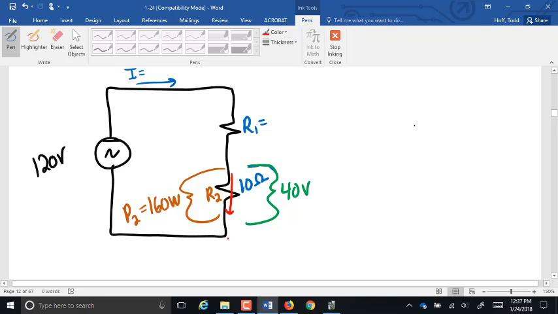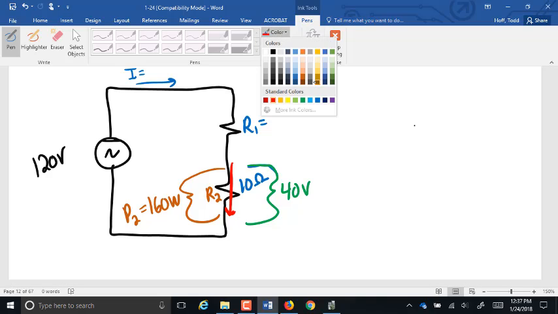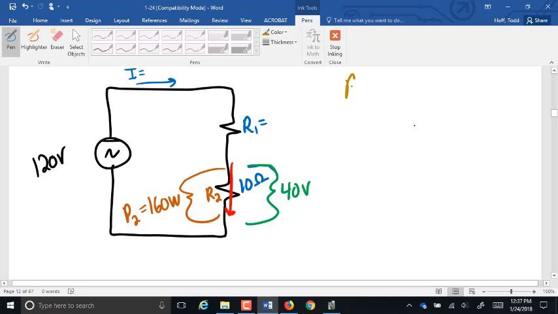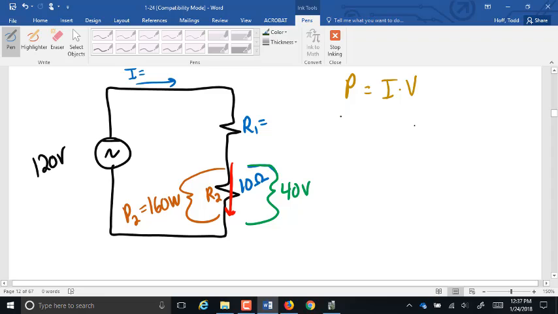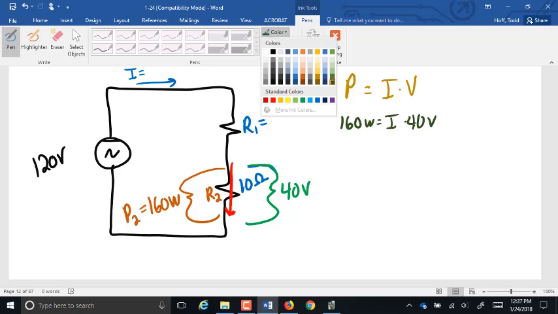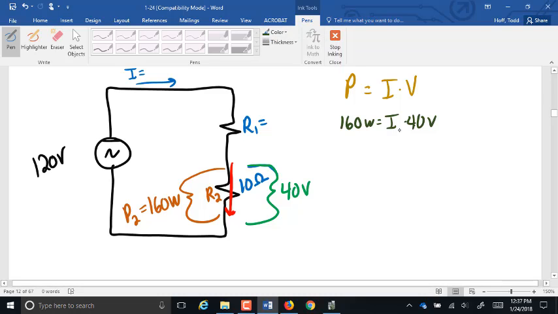That current right there in red through resistor 2. How do we find that current? Power equals current times voltage. We've got 160 watts divided by the 40 volts. That comes up to be 4 amps is the current.